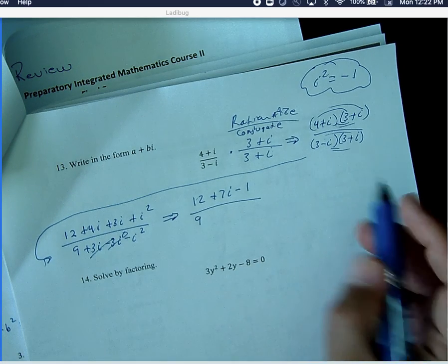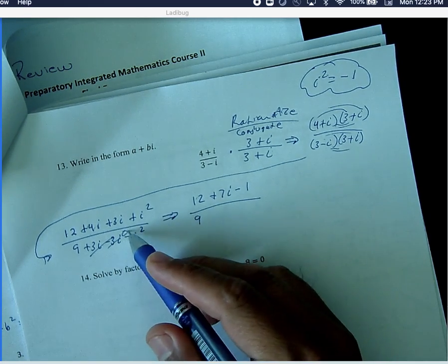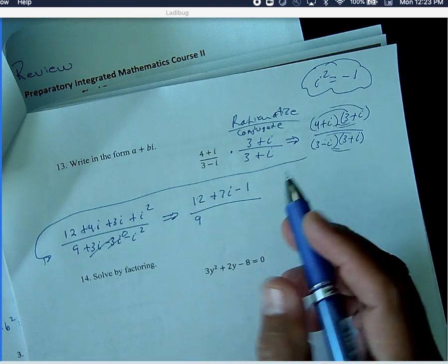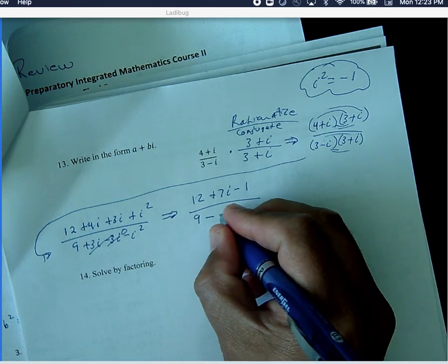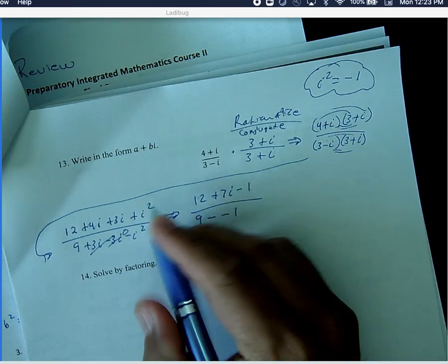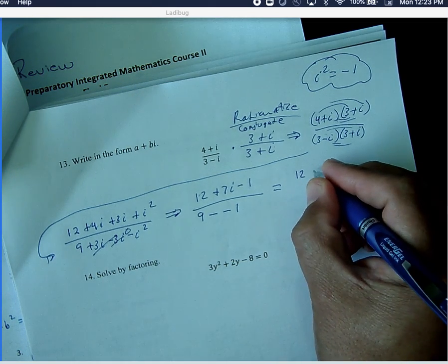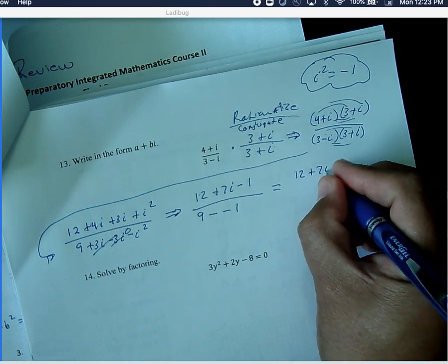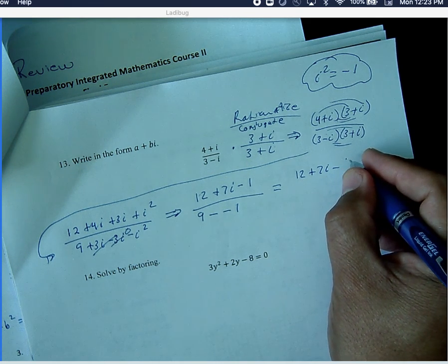That's why we do the conjugate, to eliminate the imaginary part. And that's why we want these two things in the middle to cancel. And this one, you know, it's going to become positive, right? i squared is negative 1, and we already had a negative. So 12 plus 7i minus 1.